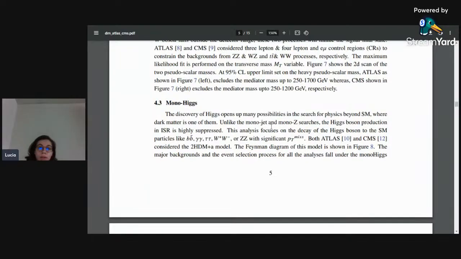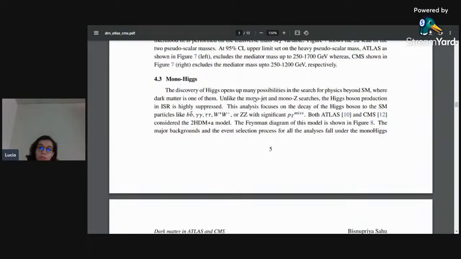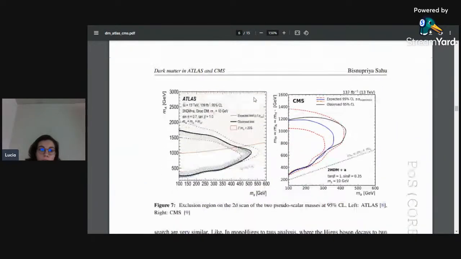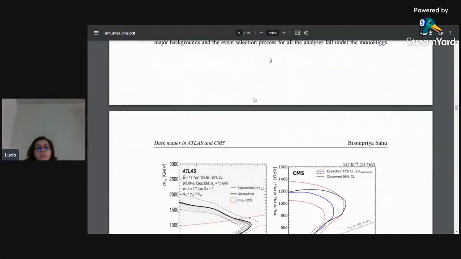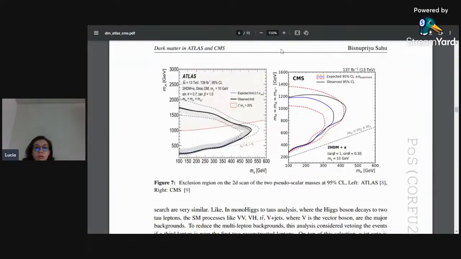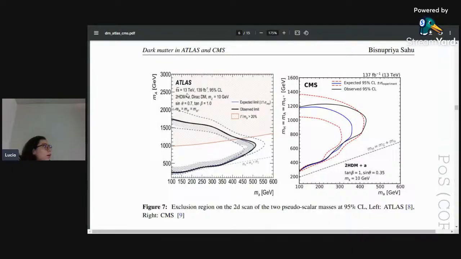Okay, so in this case, they also show the main plot, that is this one, figure 7. For these two models, they basically show this exclusion region of the mass of the... okay, so both of them are from the 2 Higgs doublet model.